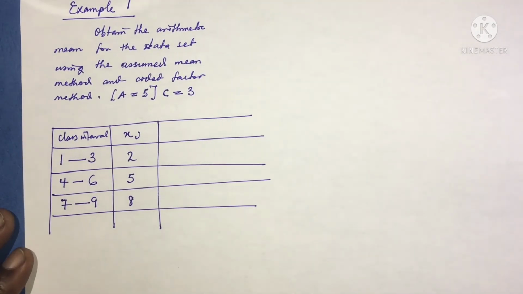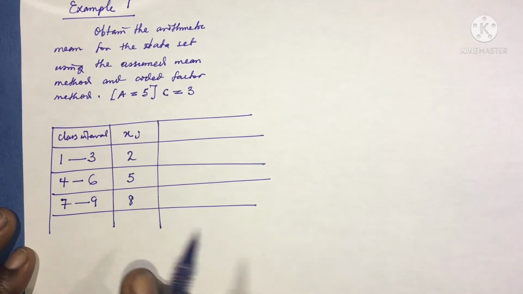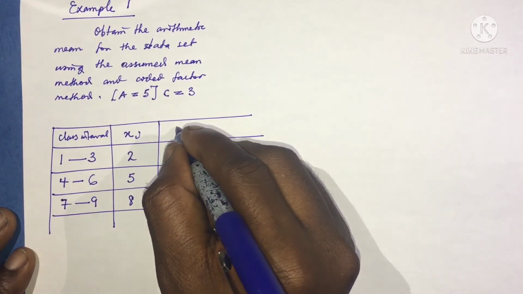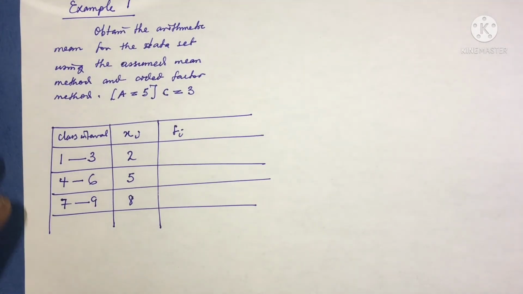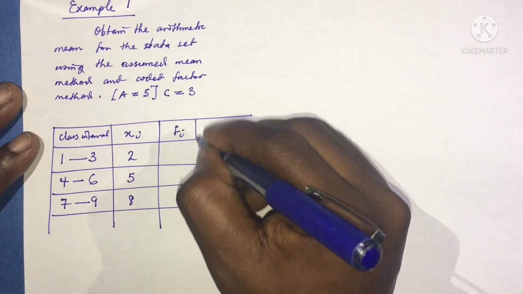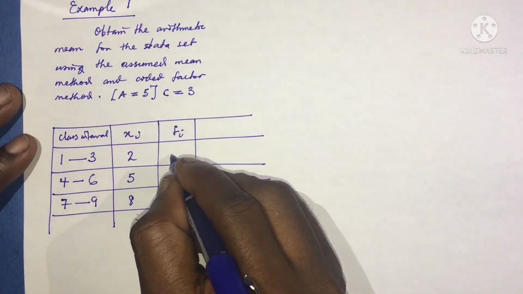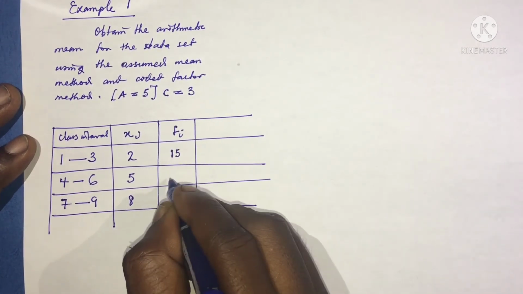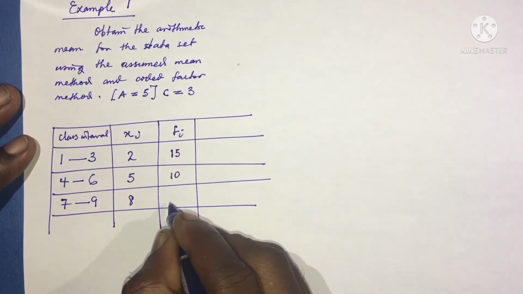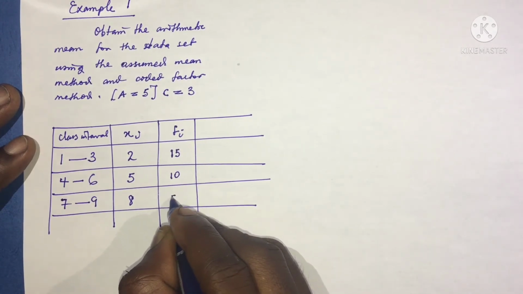Now let's look at the case of frequencies. I'm starting with the case of frequencies. Okay, so let's put this now. Let's assume that the frequency here is 15, the frequency here is 10, and the frequency here is 5.